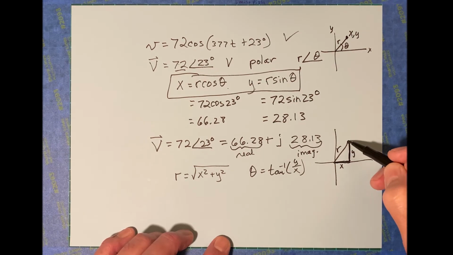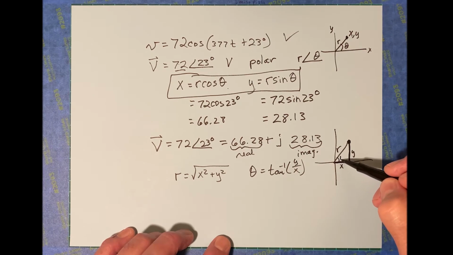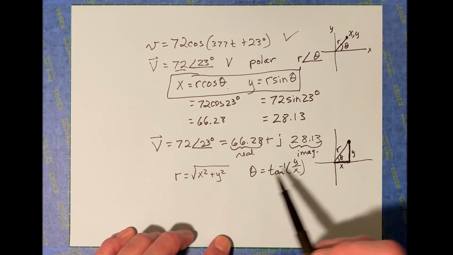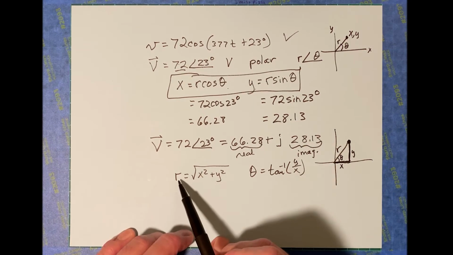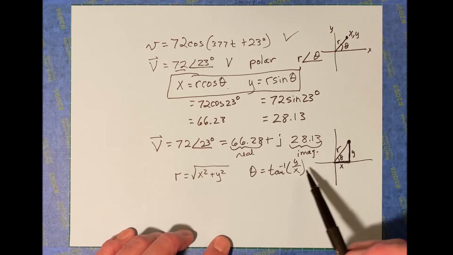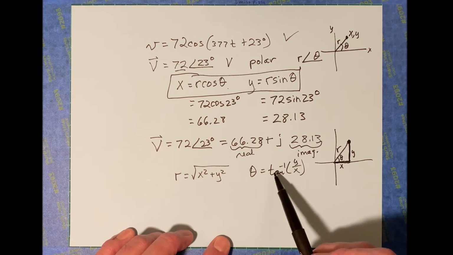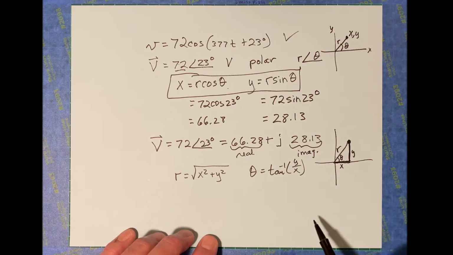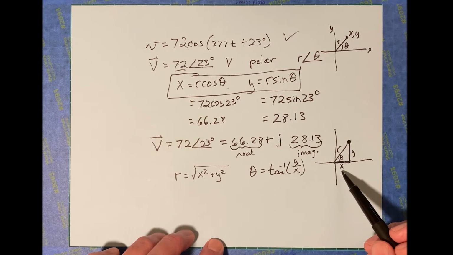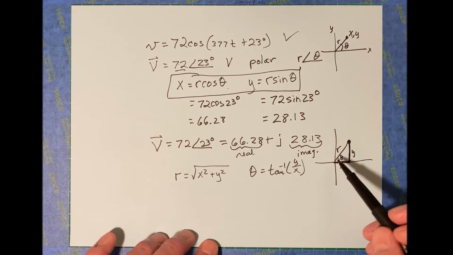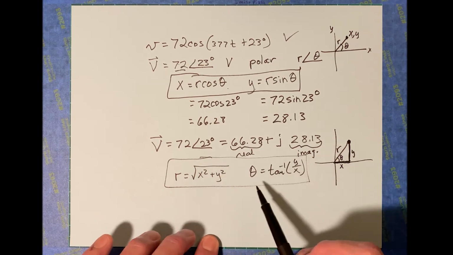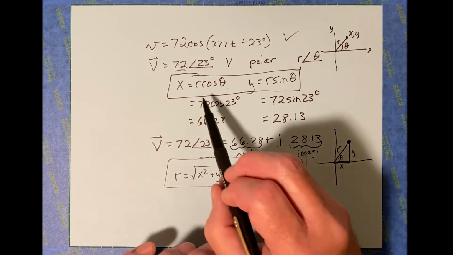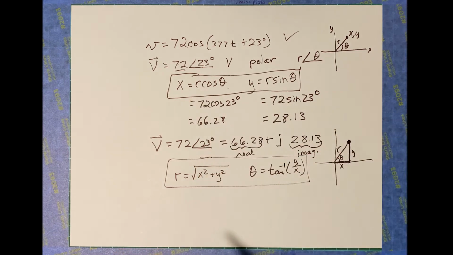This is the y portion for our point that's up here. And this is the angle theta. So r is just the hypotenuse of this triangle, x squared plus y squared. And theta is just the tangent, or tangent of theta is just y over x, opposite over adjacent, like that. As long as you can keep that straight, then this is the conversion from rectangular to polar. This is the conversion from polar to rectangular.